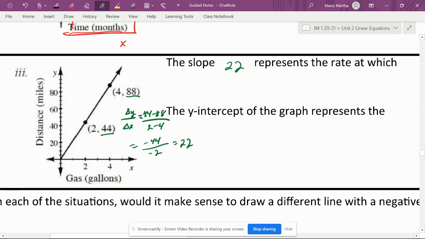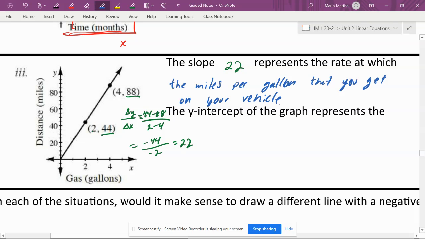So it represents the miles per gallon that you get for the car, on your vehicle, right? Because when you guys get a car, you've seen the commercials. They say like 30 mpg and so forth, right? So that means that you're getting 30 miles per gallon, and that's a rate. So it's looking at the same thing right here.